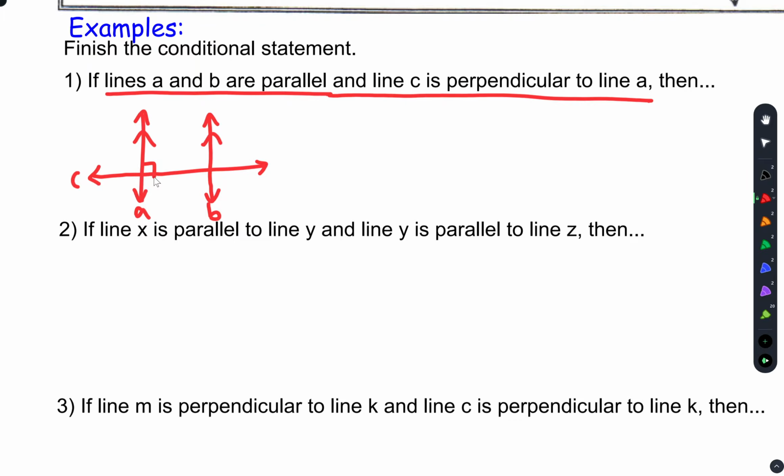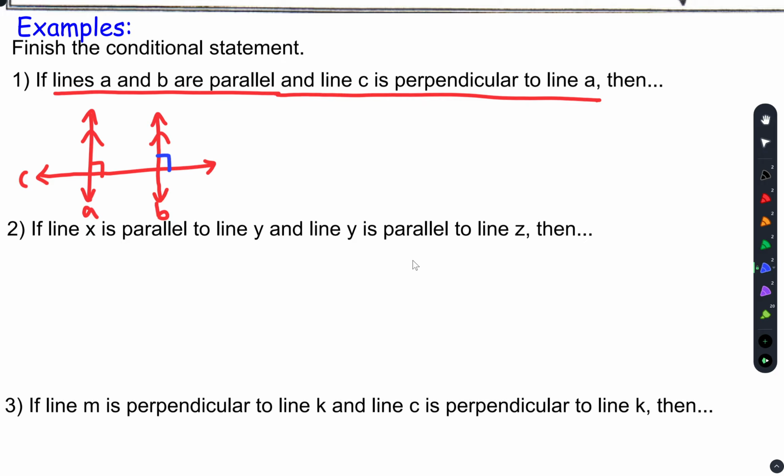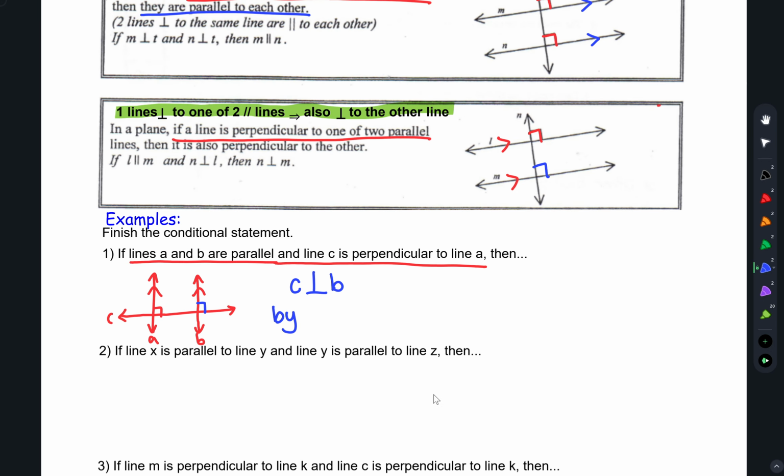Caitlin? Perfect. Then we must be able to say that C is also perpendicular to line B. It looks like that if I draw my diagram right. So we'll say C, perpendicular, upside down capital T shape, to B, by, and I have this whole proof reason that I'm going to use here.